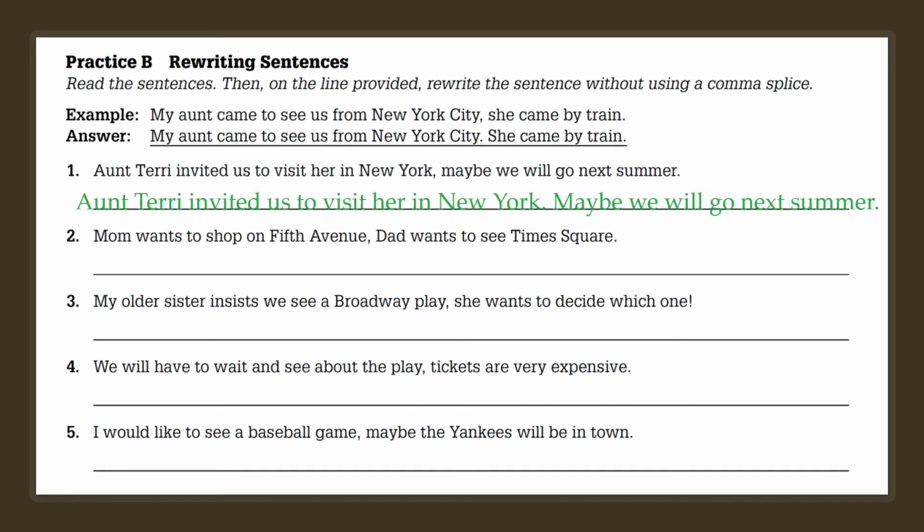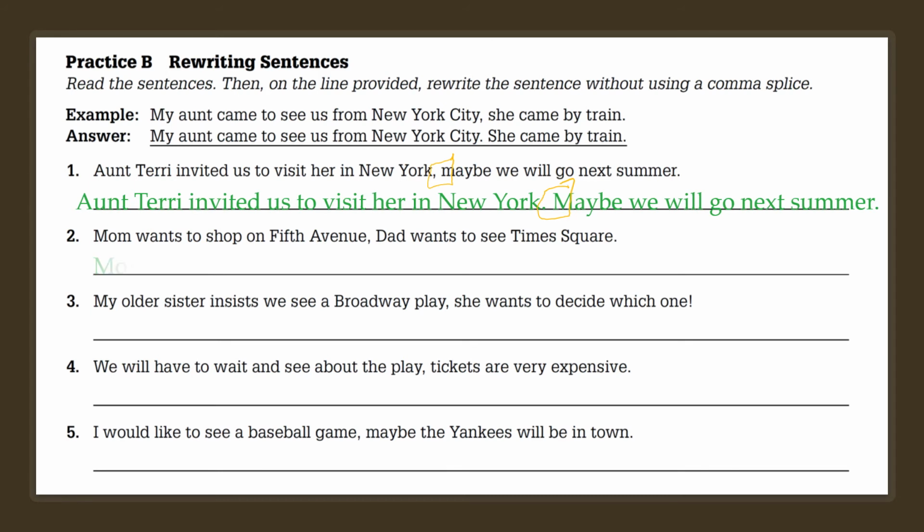So Aunt Terry invited us to visit her in New York. So what I did here, comma and the small letter of maybe, I change it to this full stop, then capital letter. Maybe we will go next summer.